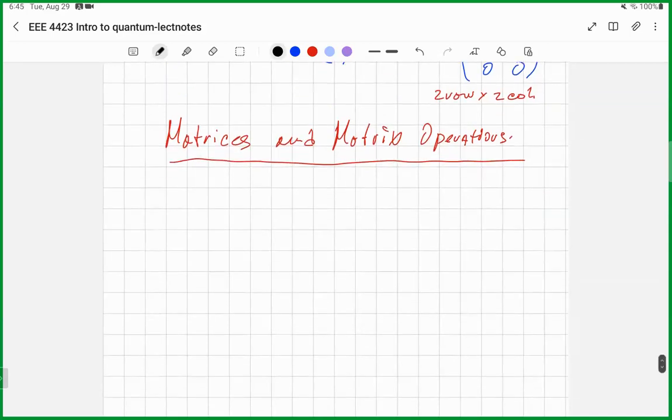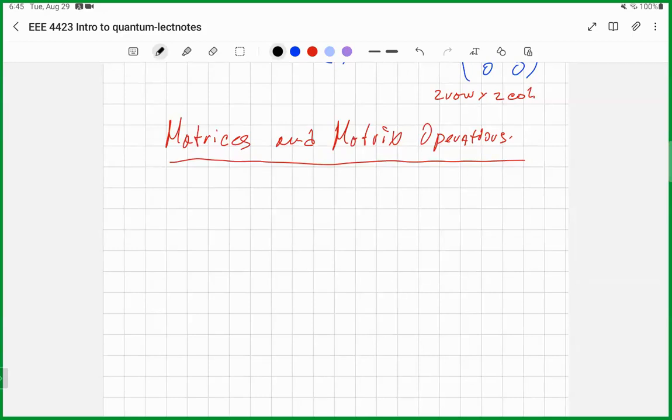Important topic. So generally speaking, a matrix, and by the way, we are mostly interested in the square matrices, when the number of columns is equal to the number of rows.